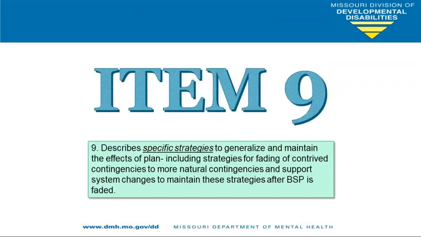That segues into item number 9, where we're looking for specific strategies to generalize and maintain the effects of the plan, including strategies to fade contrived contingencies to more natural contingencies, and support system changes to maintain these strategies after the BSP is faded.